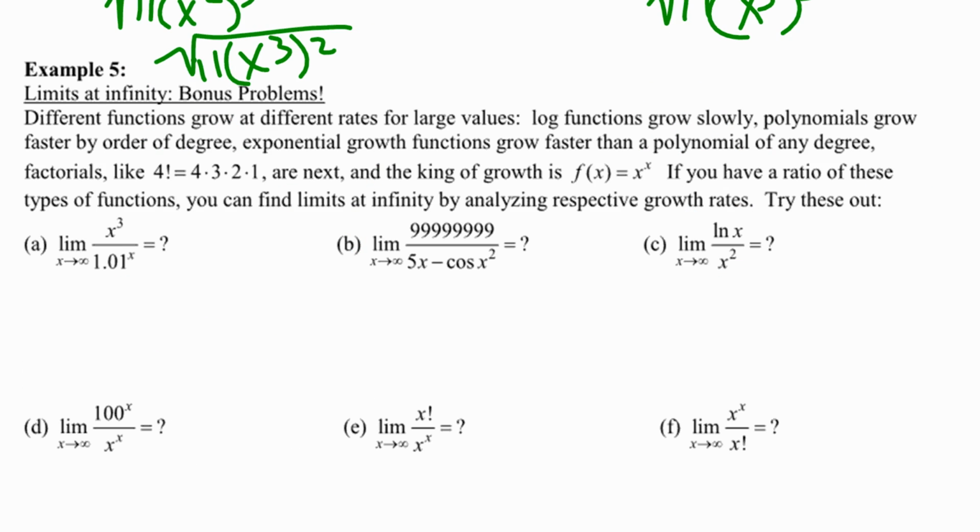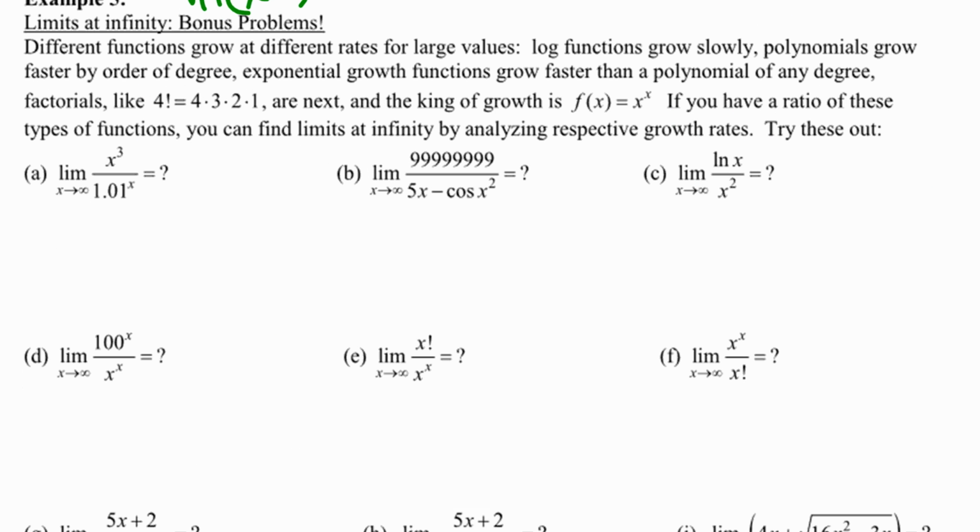These are good problems to know. You need to know how different things grow. Log functions are very slow. Polynomials then grow, like x squared grows slower than x cubed or x to the 4th, etc. Exponential functions grow faster than a polynomial, like 2 to the x.